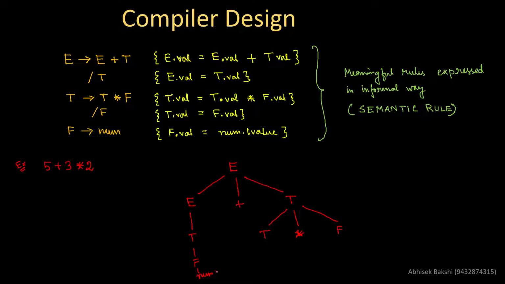Say the value of num is 5. Here T can be written as F, and F can be written as num, which is equal to 3. Here F can be written as num, whose value is, for example, 2.